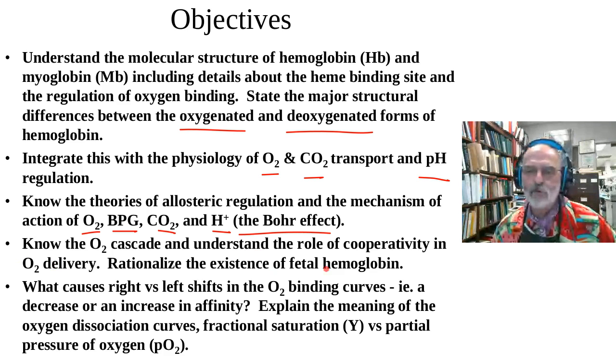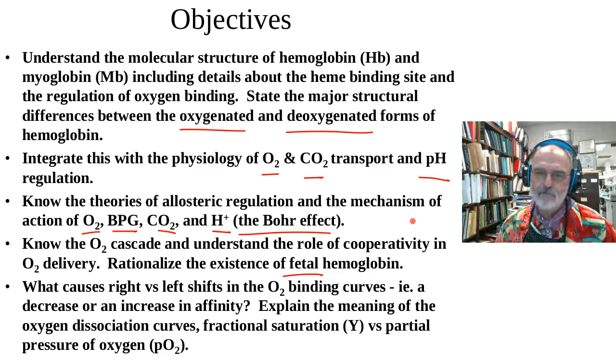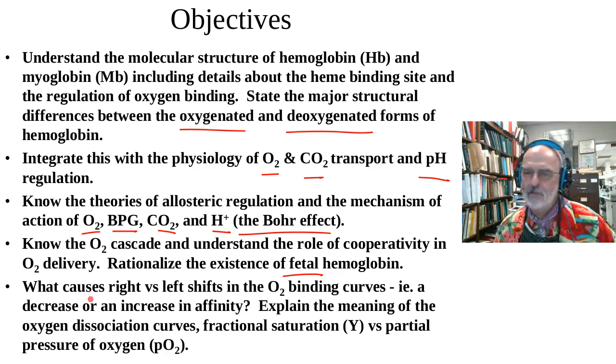We'll talk about other forms of hemoglobin, primarily fetal hemoglobin. Okay. And then we'll make this very practical and applied. We'll talk about what causes shifting of the oxygen binding curve to the right or to the left, shifting it so that it has higher affinity or lower affinity. Okay.